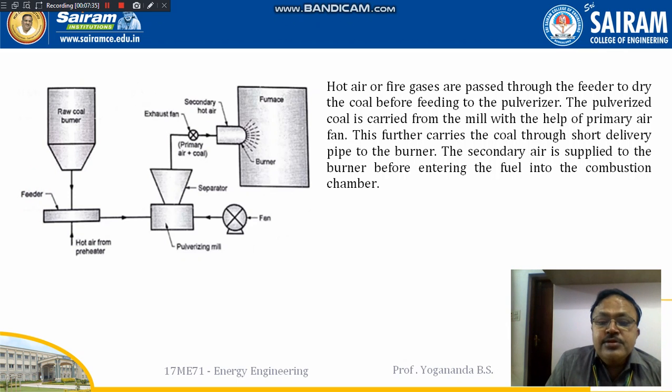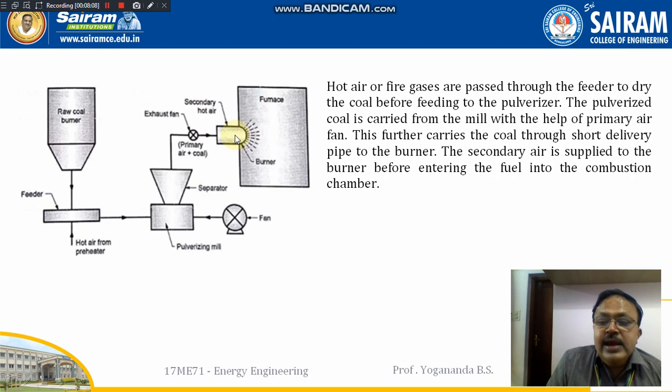The pulverized coal is carried from the mill with the help of the primary air fan. The powdered or the crushed coal will be passed with the help of this primary air current through the short delivery pipe. Here the secondary hot air will be passed to the furnace, which helps the burning of this crushed coal.